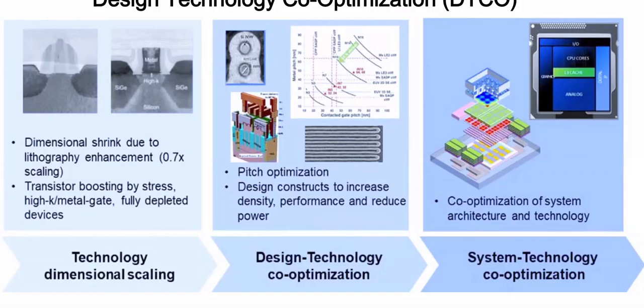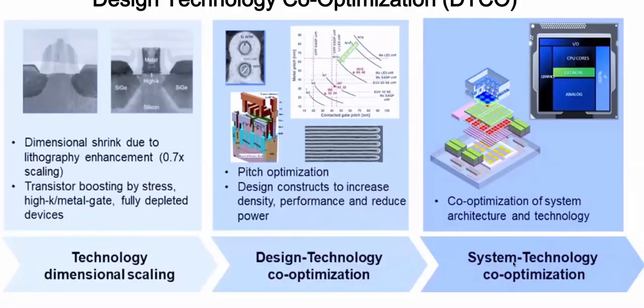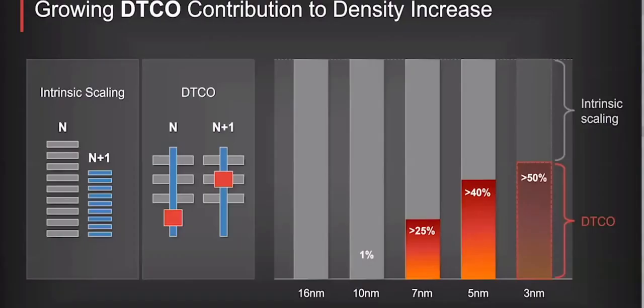It seems like in the near future, or even now, people start to understand that you have to work together. The design and manufacturing should be together. And this is the new concept, DTCO, which people are talking about; this is the new buzzword now.